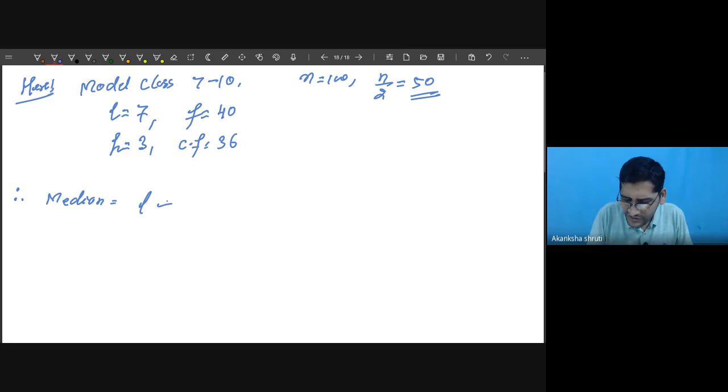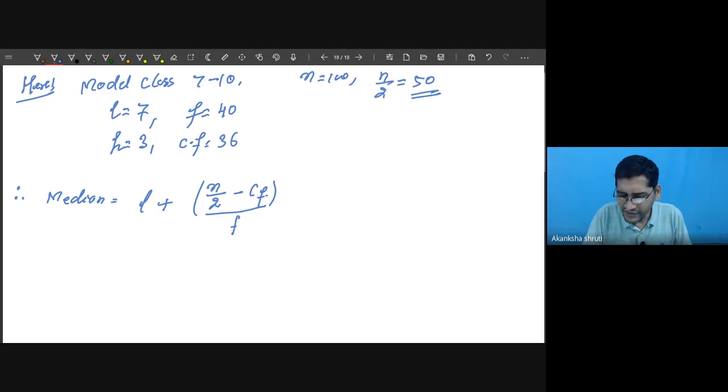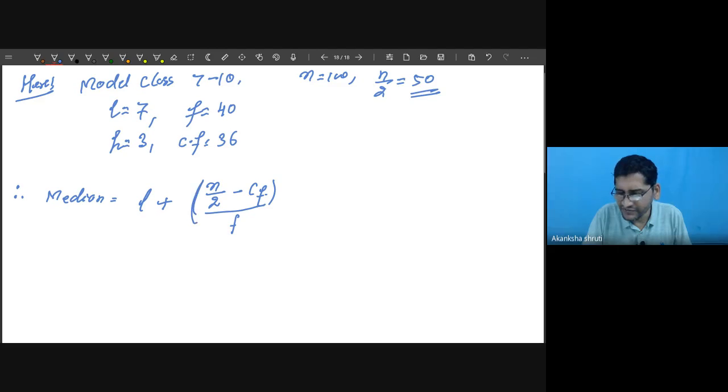Lower limit plus n by 2 minus CF of the preceding class, divided by the frequency f itself, and this entire thing has to be multiplied with h. So go for doing that.